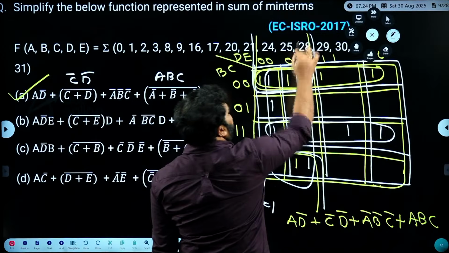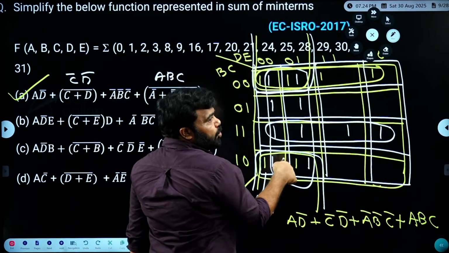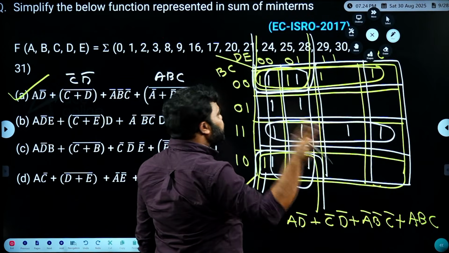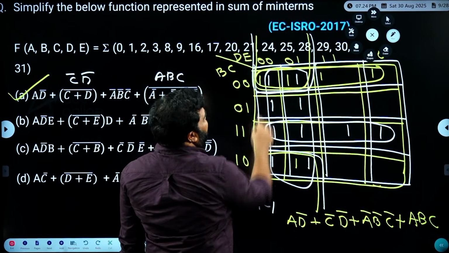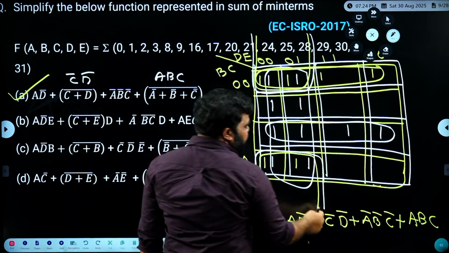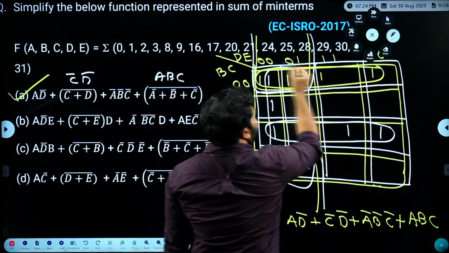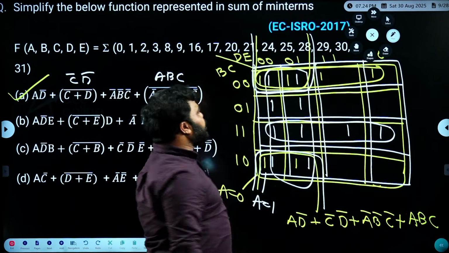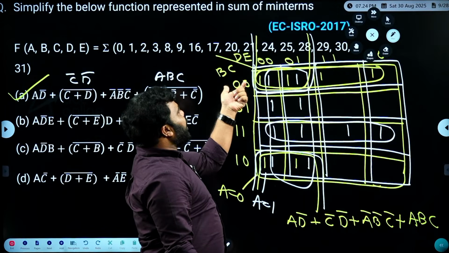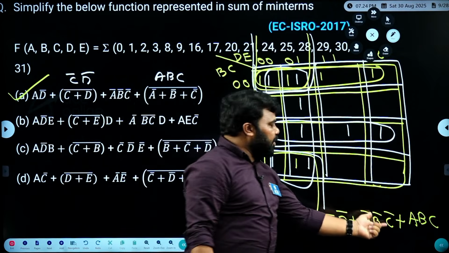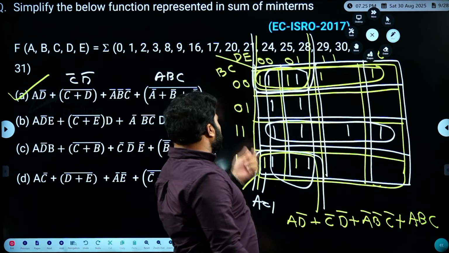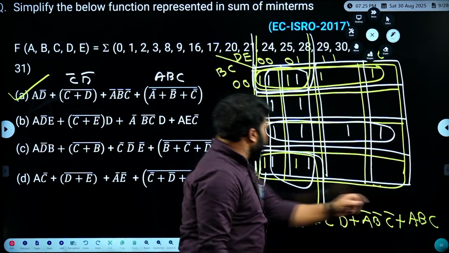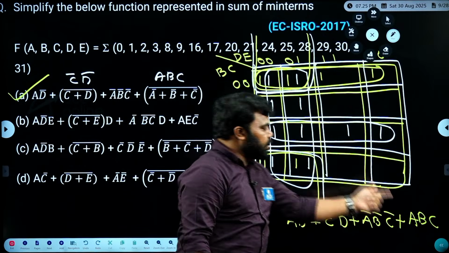Another octave is from both A equal to 0 and A equals to 1, meaning A is changing, so it is eliminated, and here C equal to 0 is not changing, C bar, D equal to 0 is not changing, D bar, so C bar D bar. This quad is only from A equal to 0, so A bar, B bar, C bar are not changing. Another quad is only from A equals to 1, so A is not changing, and B C equal to 1, 1 are not changing, A B C.